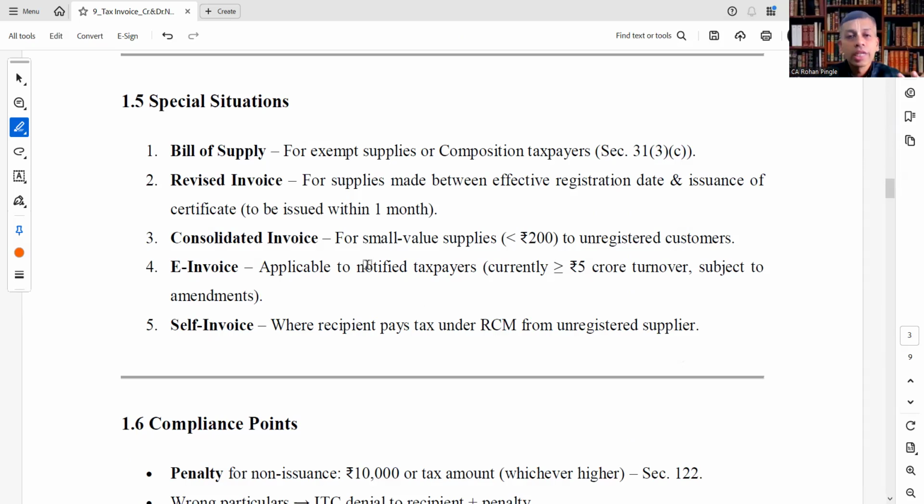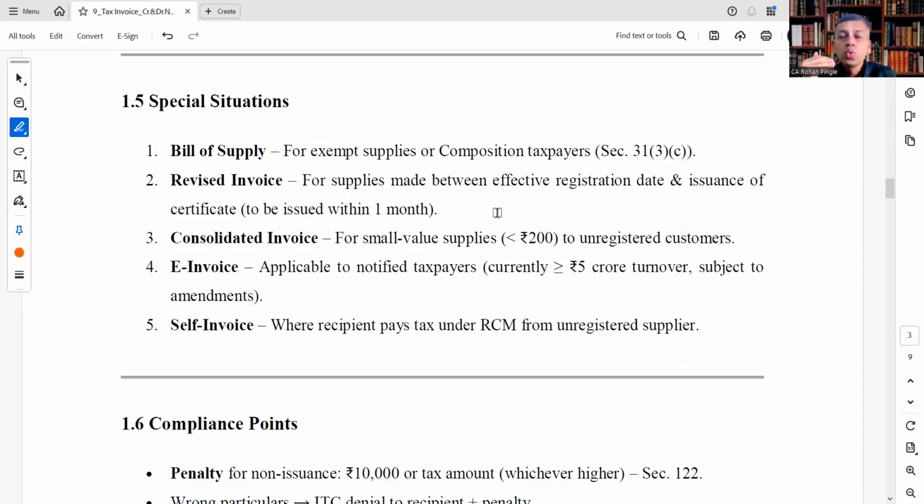Then revised invoice. For supplies made between the effective registration date and issuance of the certificate, to be issued within 1 month, that should be called a revised invoice. Means what?